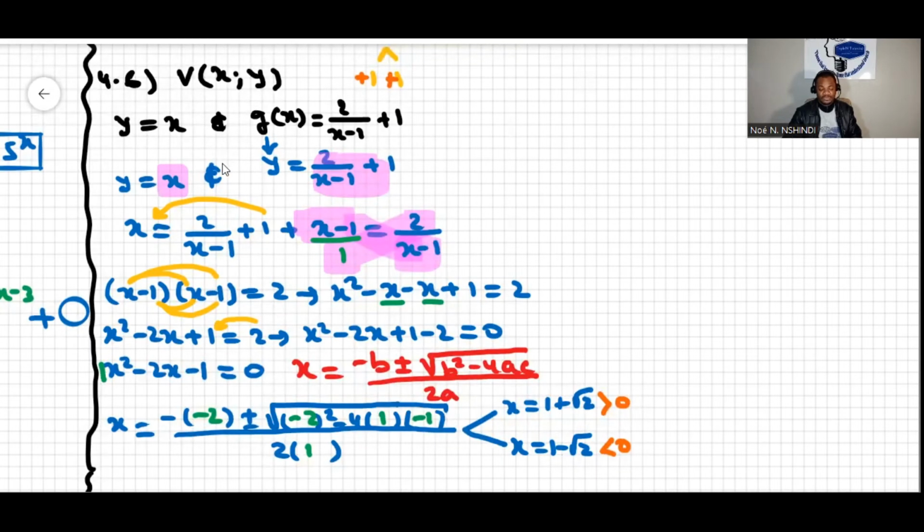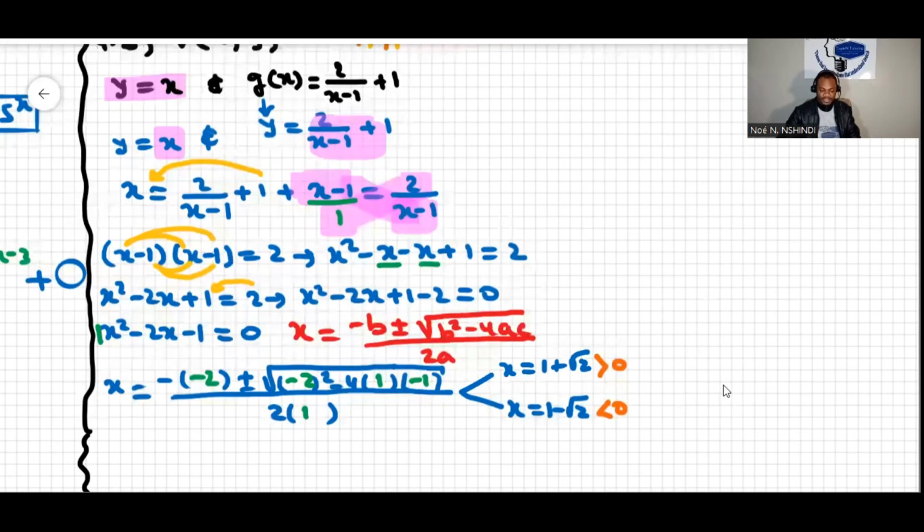I believe it's going to be much easier if we sub over here to find the value of x. I'm not saying if you sub it over here, it's not going to generate the correct answer. It will, but it's going to be with too much work. I always like to select the part that has lesser work.